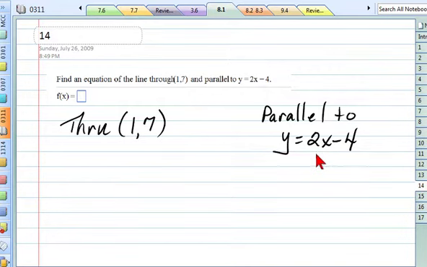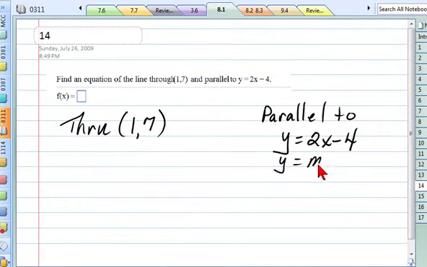So, can you identify for me what the slope of this line is? It is 2. This line is in slope-intercept form, so the number in the position of m is the slope. The slope is 2.